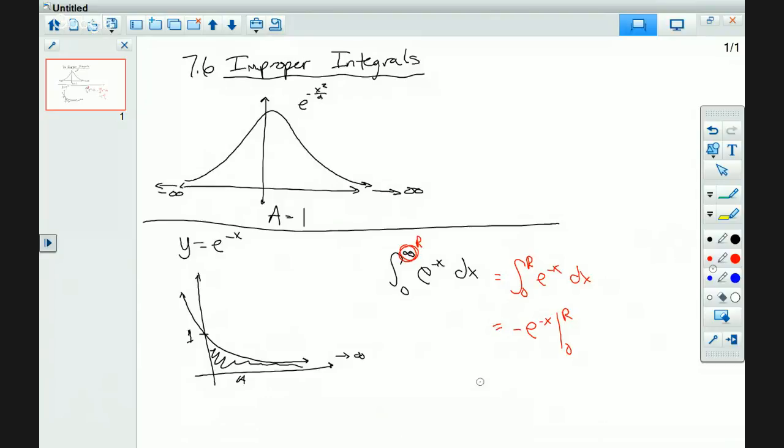Should I check the book? Yes. Where do you get the negative though? Because it's e to the negative x. If you take the derivative, you have to undo the chain rule. Okay, good. All right, so this would be negative e to the negative r minus negative e to the 0, which is 1, right?